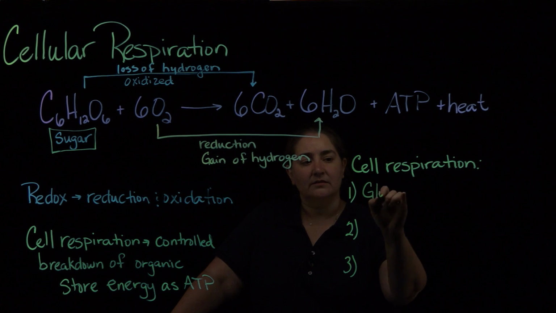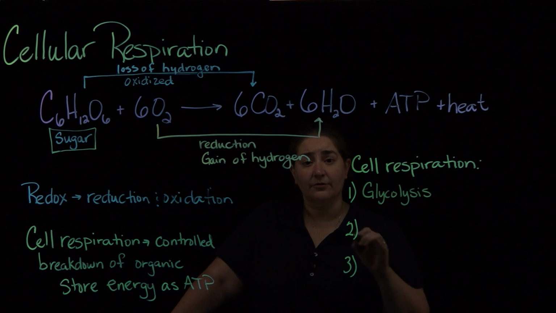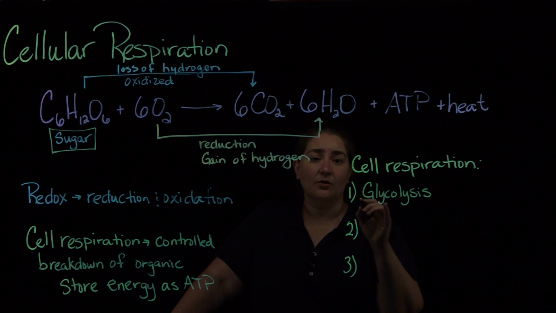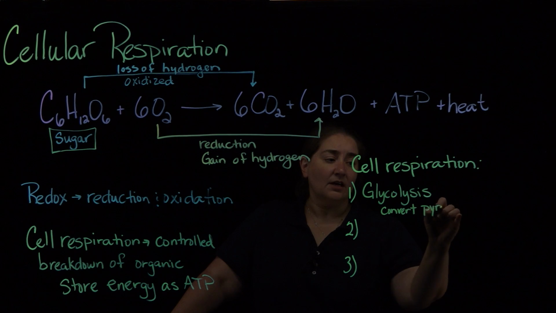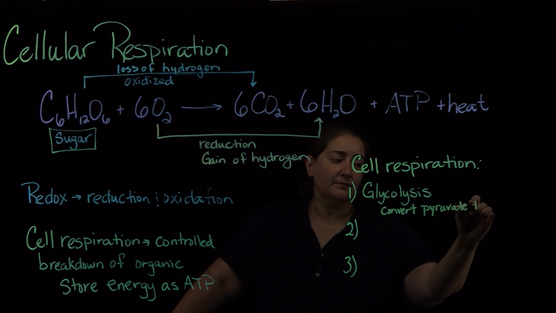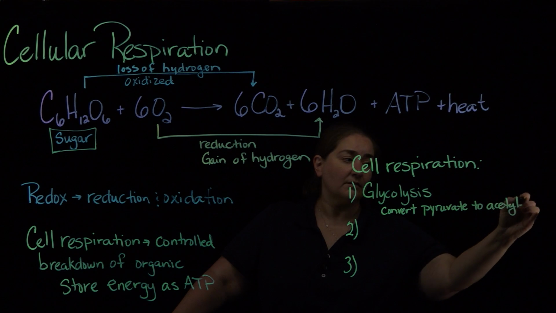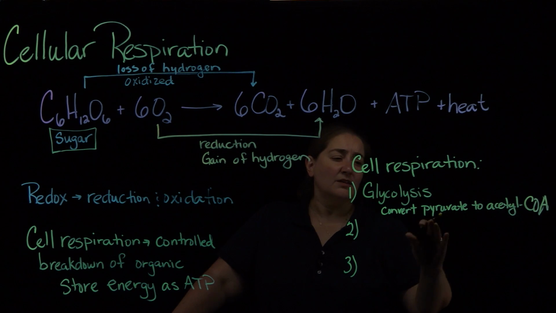We've got glycolysis is going to be our first step. At the end of glycolysis, we are going to convert a chemical known as pyruvate to acetyl-CoA.